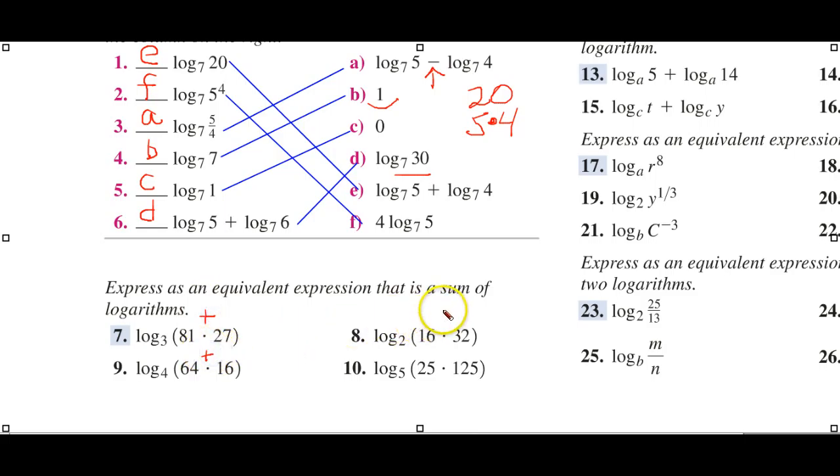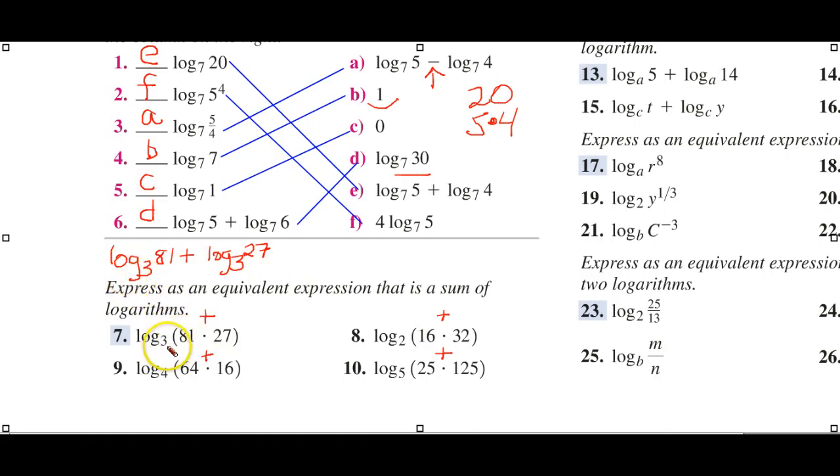Now if we had any divisions or fractions, that would have indicated subtraction. So take a moment to write out, if we haven't already, 7 through 10. And all of these would follow this pattern.